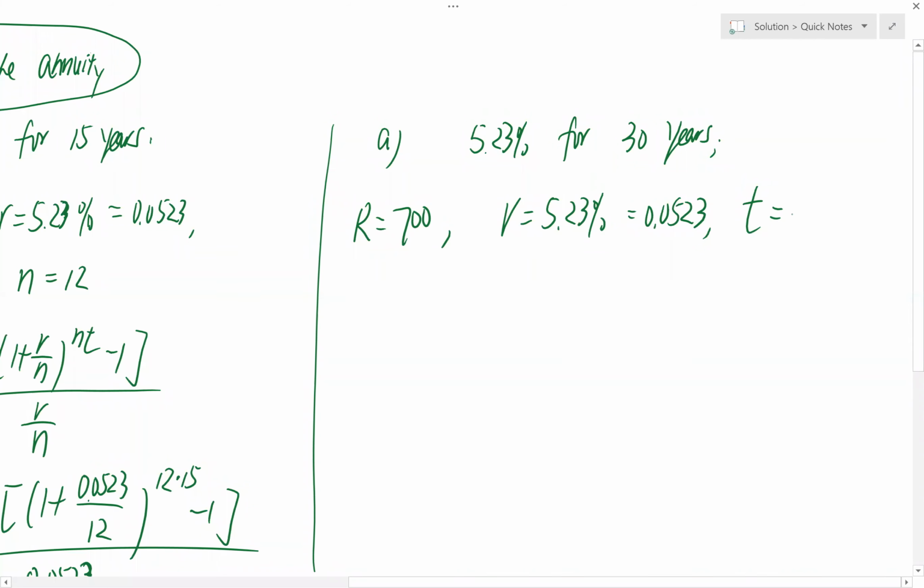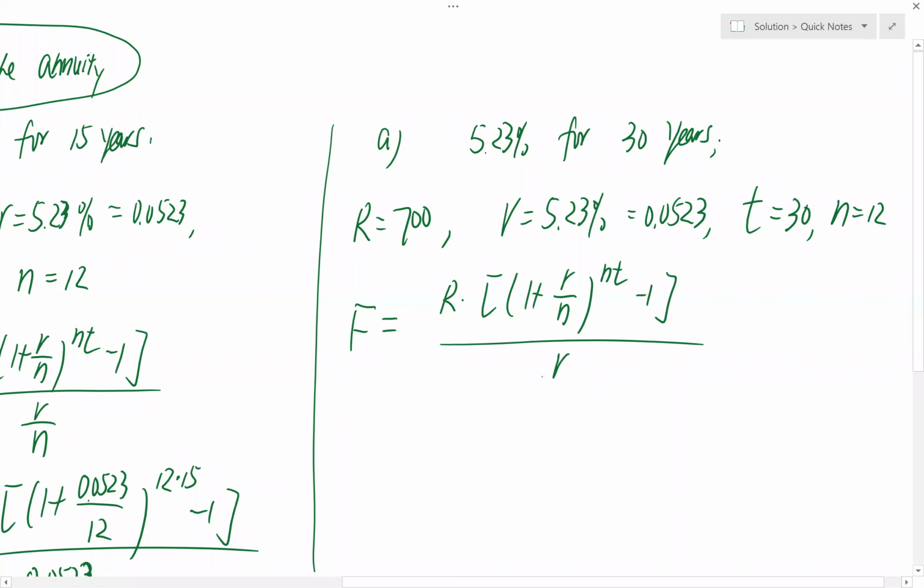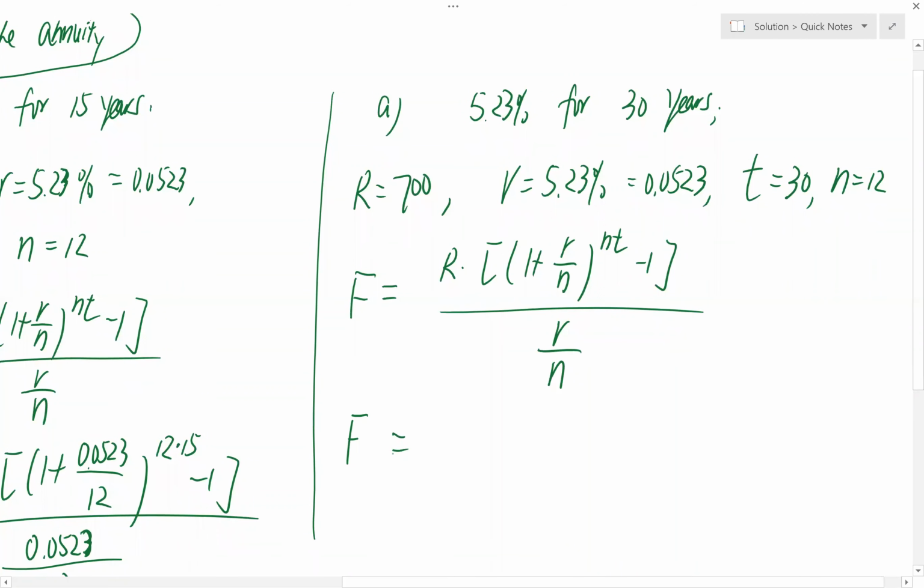Time T is 30 years, twice as much. The number of compounding periods is 12. All right, so now let's find the future value of the annuity: regular payment times 1 plus r over n to the nt, minus 1, over r over n. One more time, just throwing all the numbers into this formula.